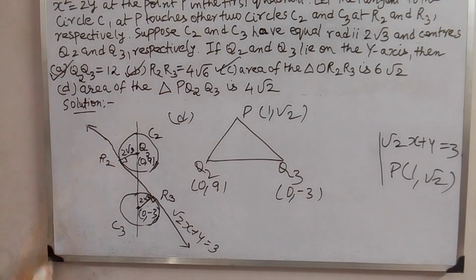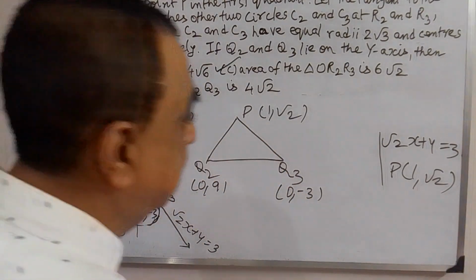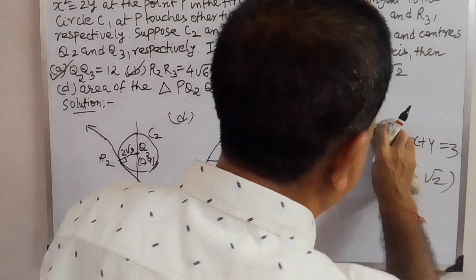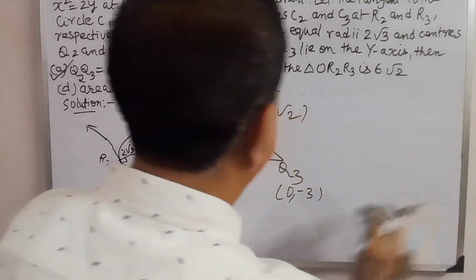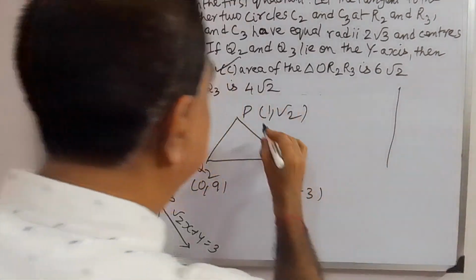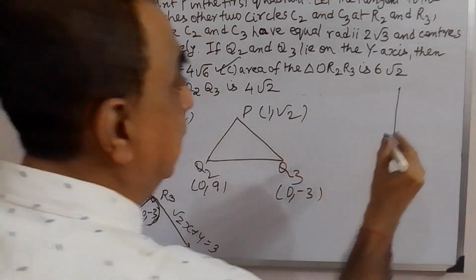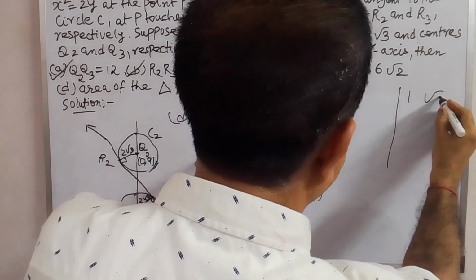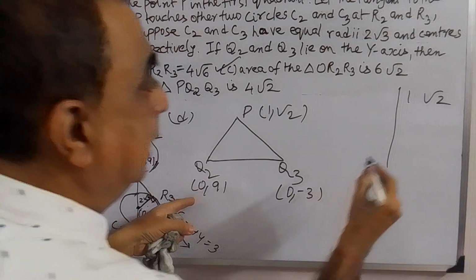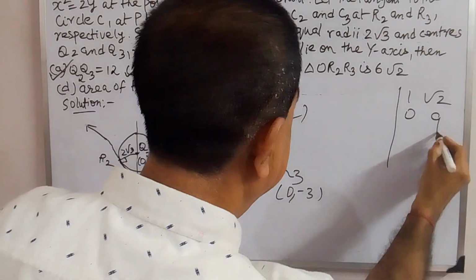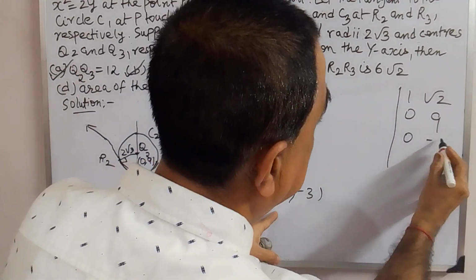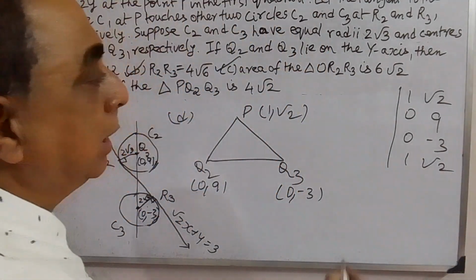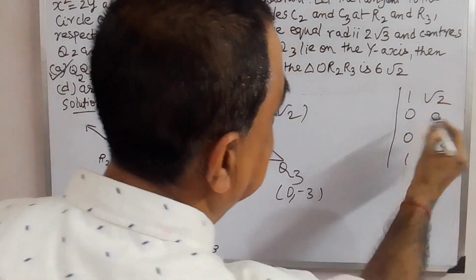When the three coordinates of the vertices of the triangle are given, what is the formula? For the area of the triangle, you write these three coordinates in order. In the rough work, I am starting with P: root 2, 1, then here it is 0, 9, and here it is 0, minus 3. Again write the upper coordinate down again. This side you will take plus and this side minus.